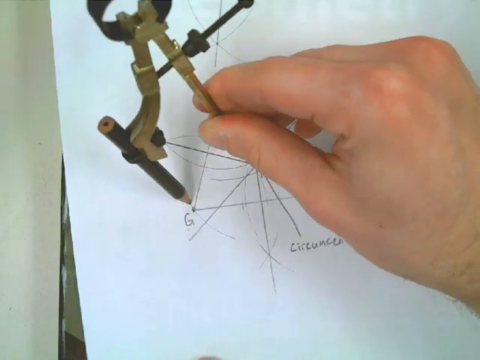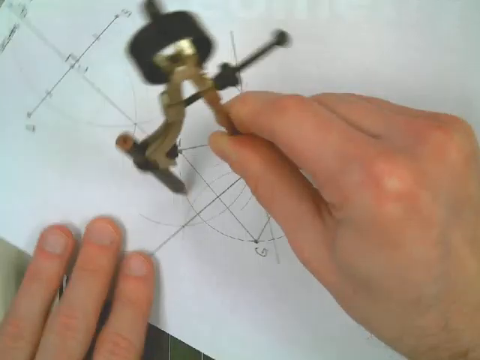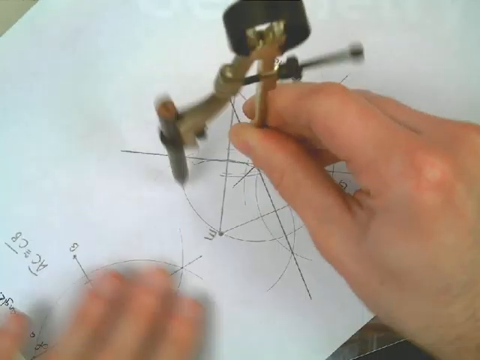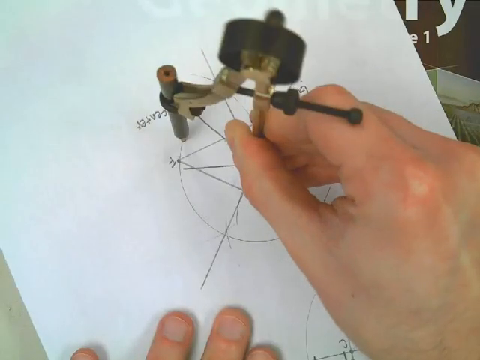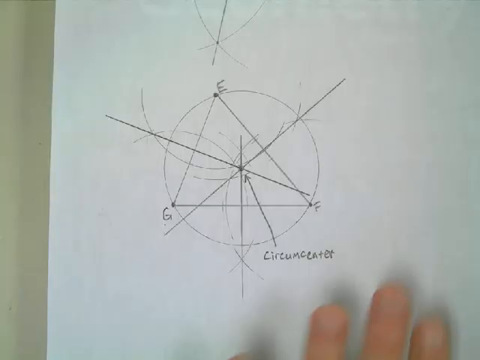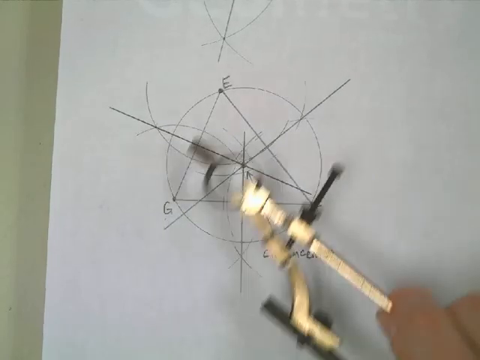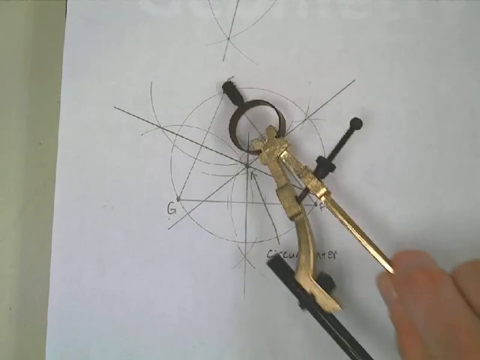Okay, and again, if you want, you can turn your paper and kind of turn your compass too. I'm kind of doing both. And what does my circle do? It hits all the points. It intersects all 3 points of the triangle.